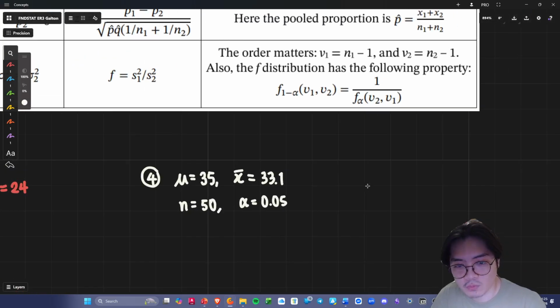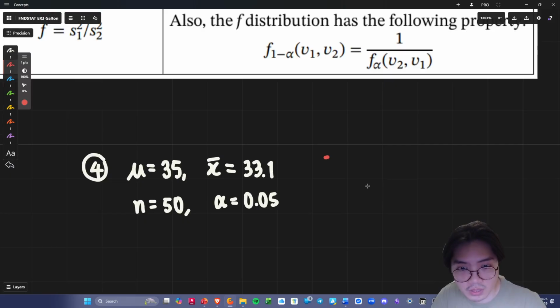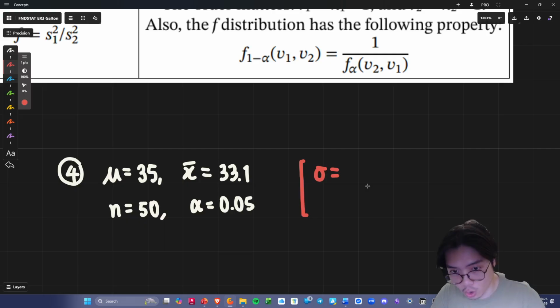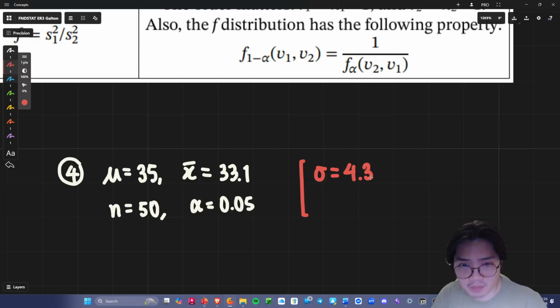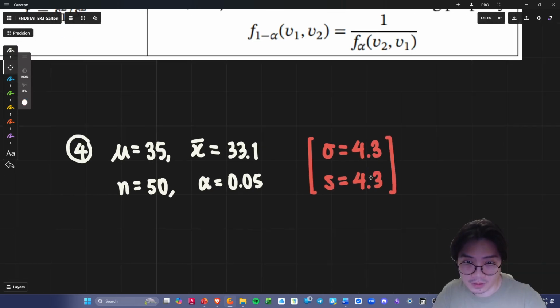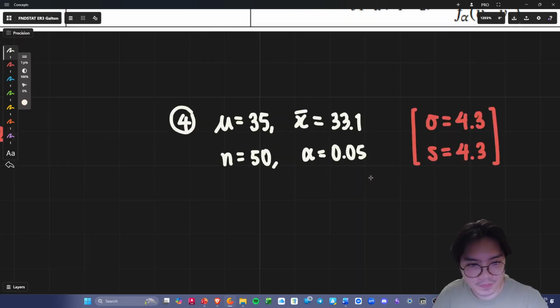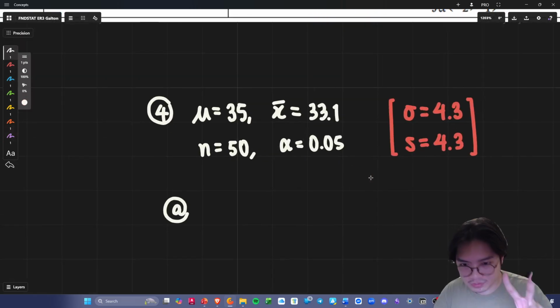The thing that I want to compare is, for example, if we know that this is a standard normal random variable, that means sigma is 4.3. If we don't know that fact, we would treat this 4.3 as just our sample standard deviation. So now, I would like to do two tests.